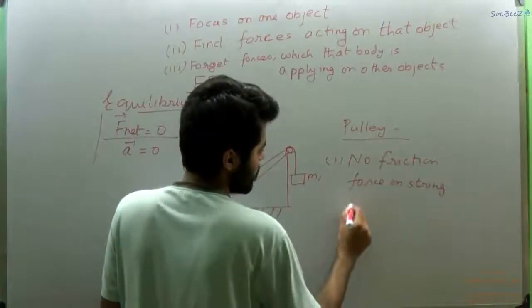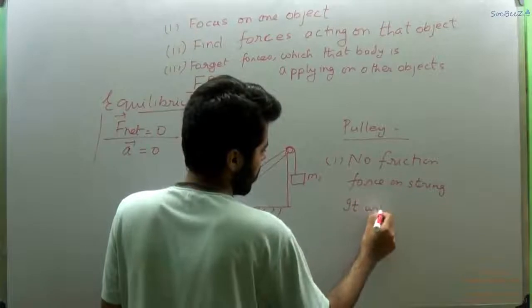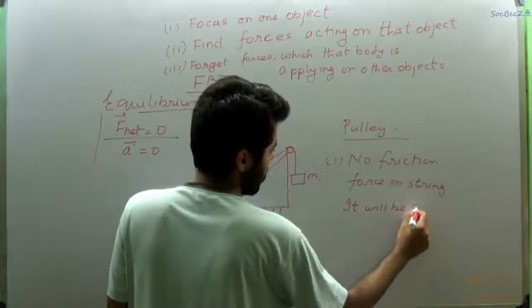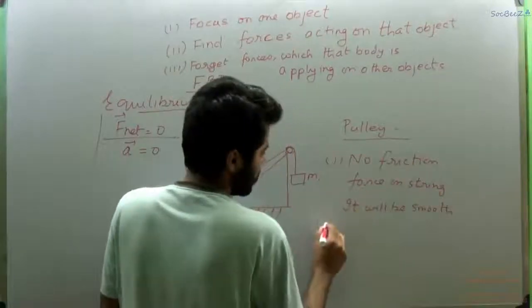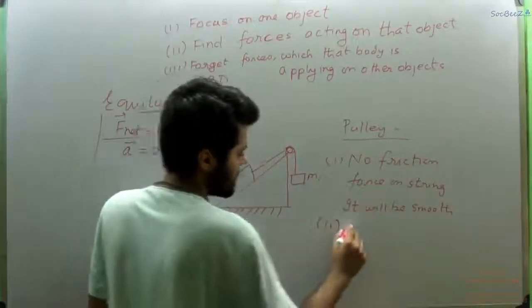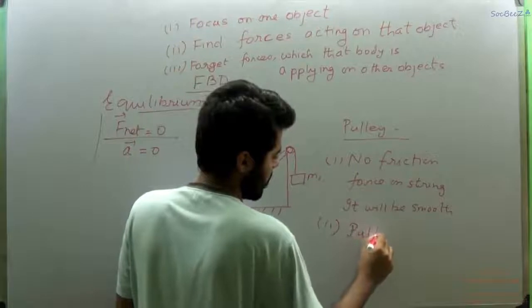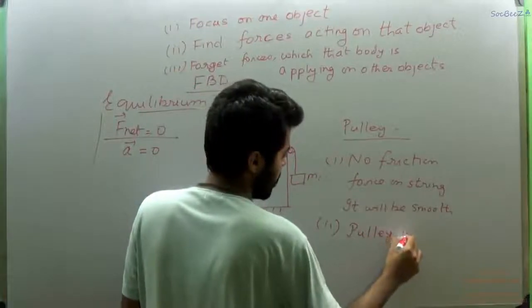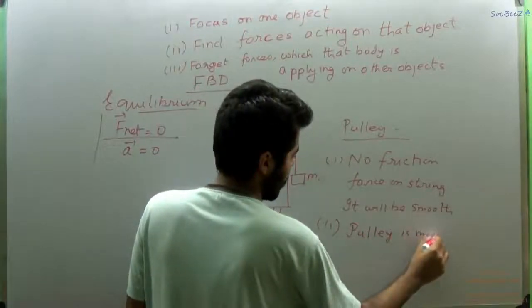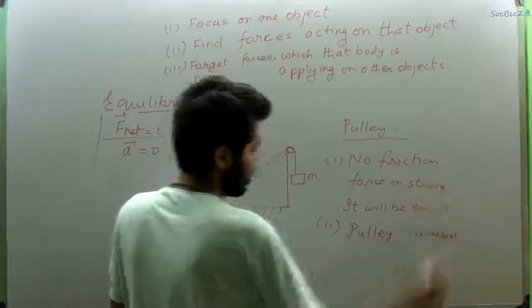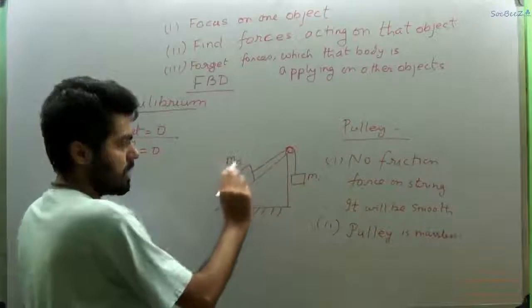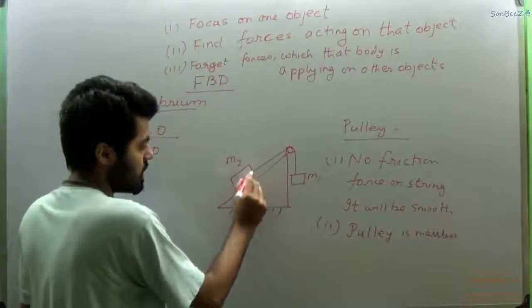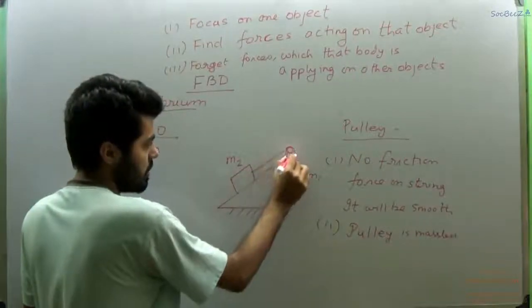So ultimately it will be a smooth pulley. And also the pulley is massless. So ultimately it turned out to be a continuous string starting from this object, passing over the pulley and coming to this object.